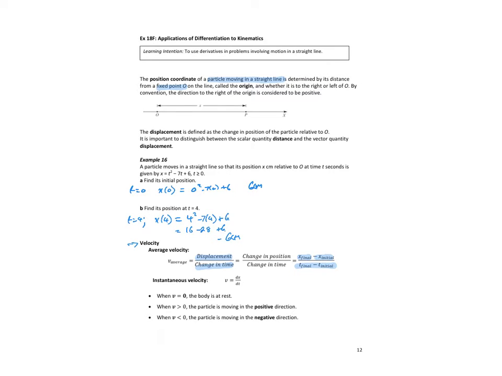The instantaneous velocity is dx/dt, the derivative of my position. Remember, the gradient is the rise over the run, and in a position time graph, the gradient is the change in position over the change in time. So that's my average. The derivative of that is the gradient of that graph, which is also the instantaneous velocity.